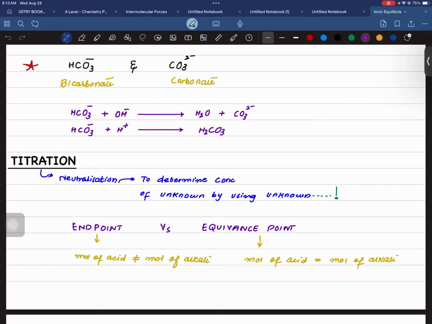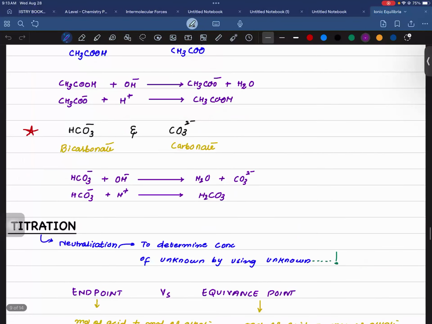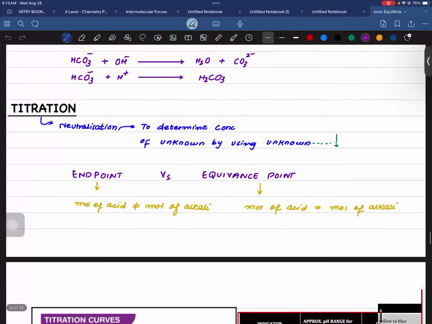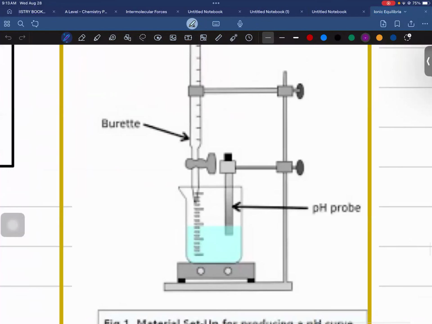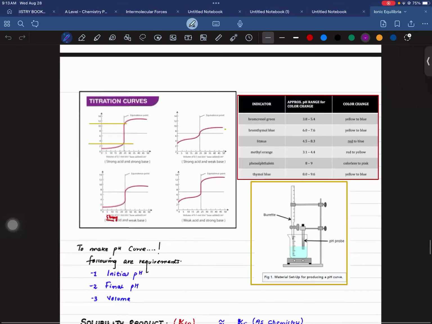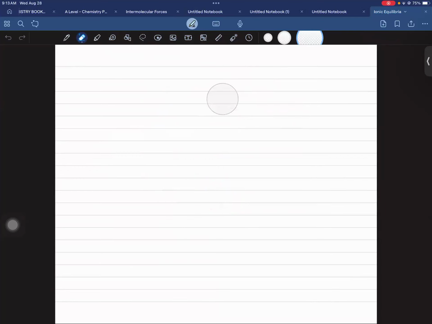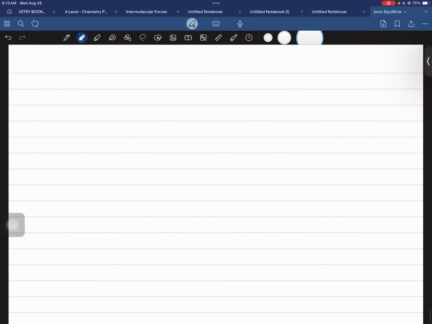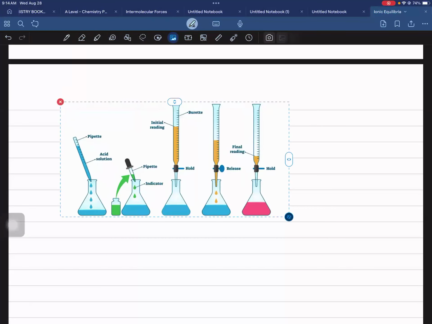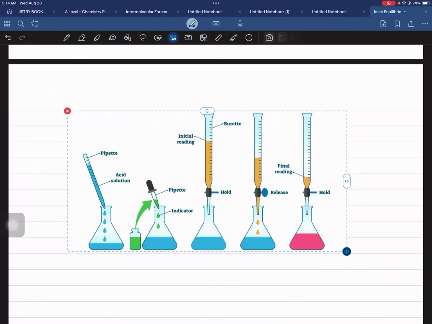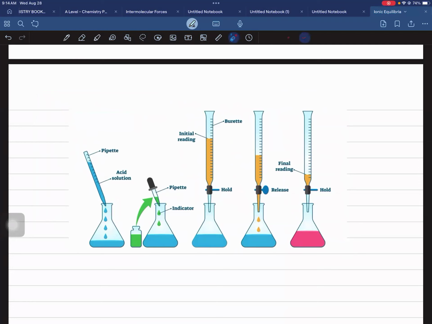Okay, and then I told you in the last class that let's suppose we have a conical flask. Let me tell you again. Let's suppose this is the apparatus of the titration. I took this conical flask and added some drops of indicator.